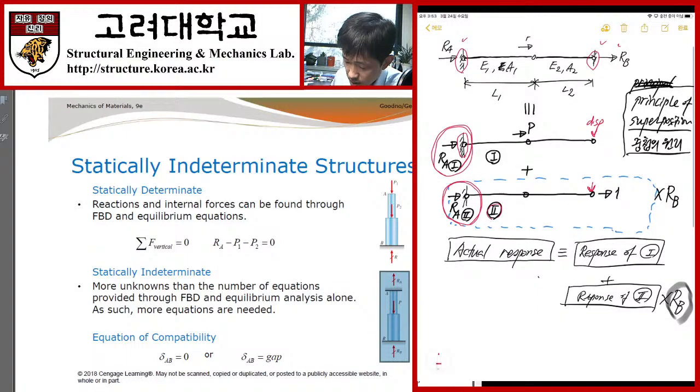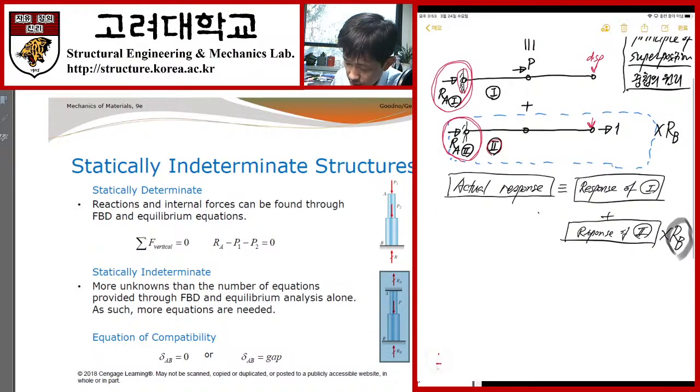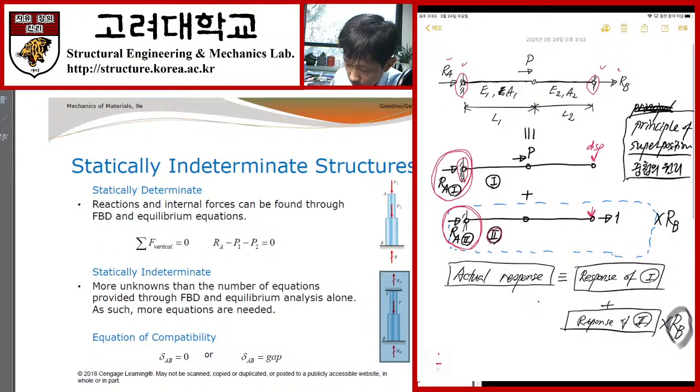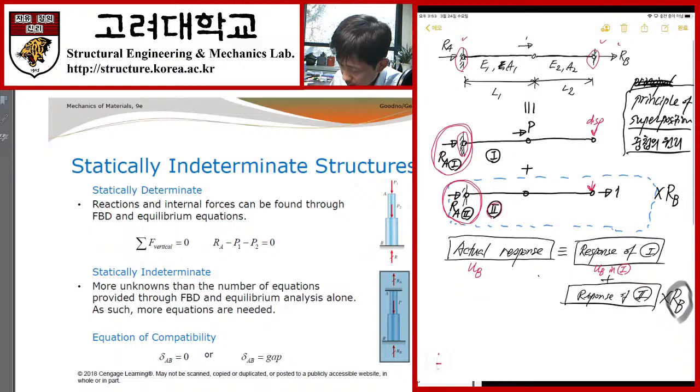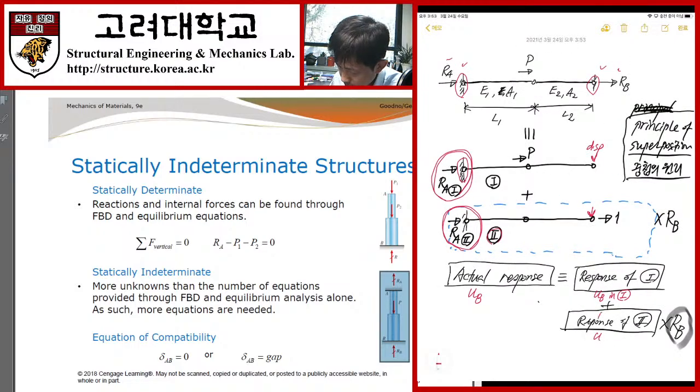So instead of this actual response, I want to call this the displacement at B. The actual displacement at point B is equal to the displacement at B in system 1 plus the displacement in system 2.